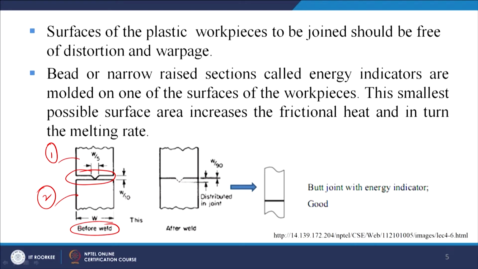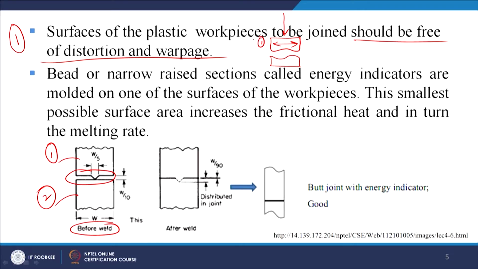Now let us see what is written on the screen. Surfaces of the plastic workpieces to be joined should be free of distortion and warpage. This is the first requirement. Very important. Why? You can see here, for example, this is one surface and this is the other surface, and as we have seen, when we want to join them together, we apply a force here and then we create a mechanical motion between these two parts.